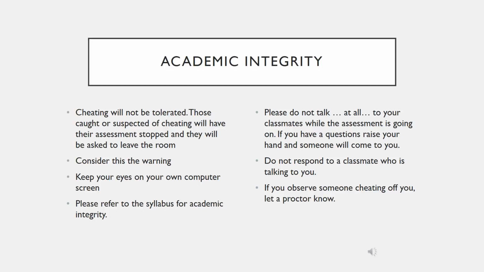So please look at your syllabus. In the syllabus under academic integrity, there's a lot of helpful information there. And there are some links, if you're looking at it online, you can link out to the School of Nursing as well as the university academic integrity policy.